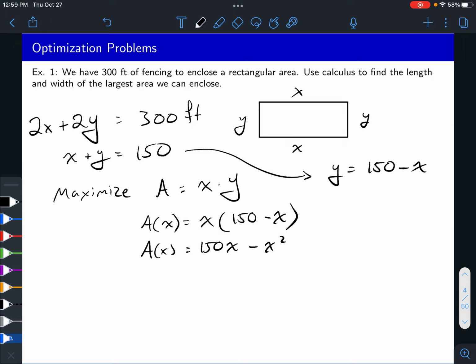If we were to distribute that x, we can find critical points, which would be 150 minus 2x for our derivative. And to find our critical points or our critical numbers, whatever, we set this equal to 0 and solve for x. 150 is equal to 2x, and so x would be equal to 75, just dividing by 2.